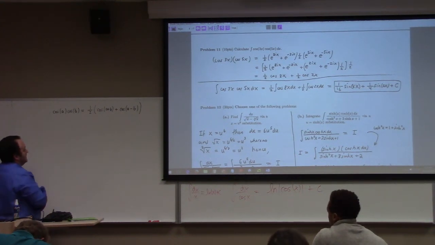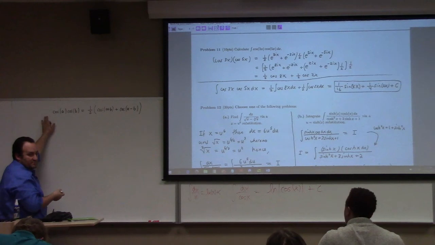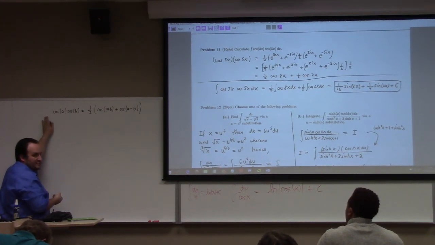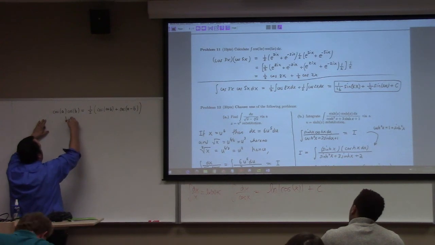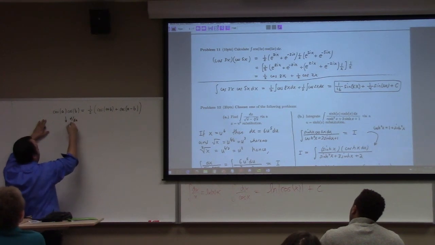Now here's the neat thing. Suppose you memorize this. I don't think that's too much of an imposition. If you do memorize this, you can derive everything else from it. For example, if I differentiate this with respect to a, what do I get?